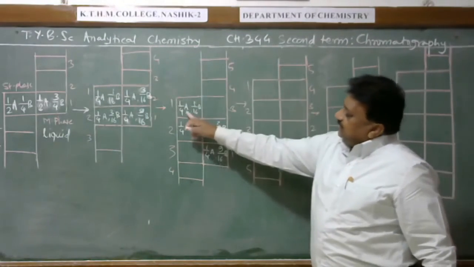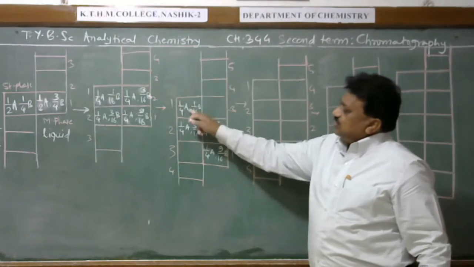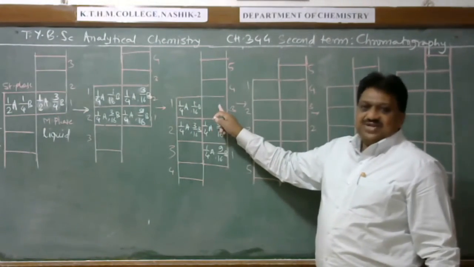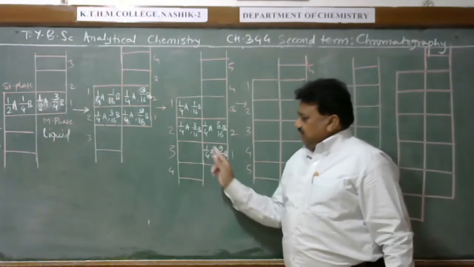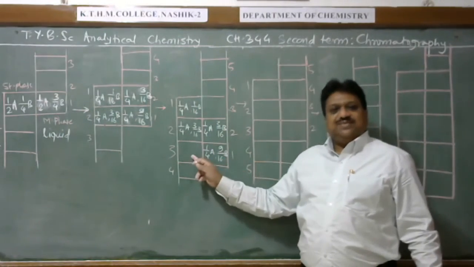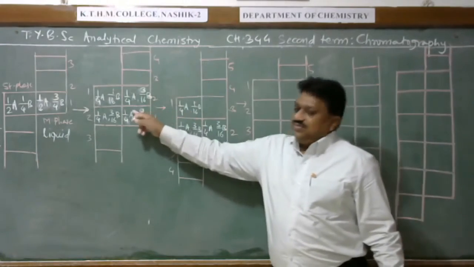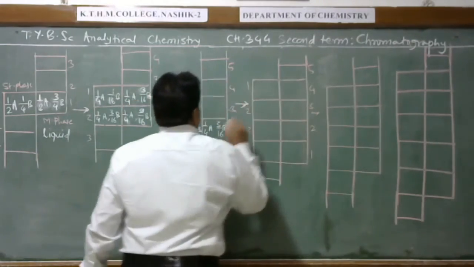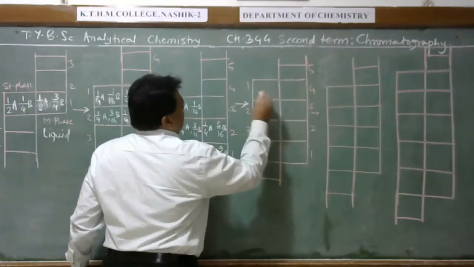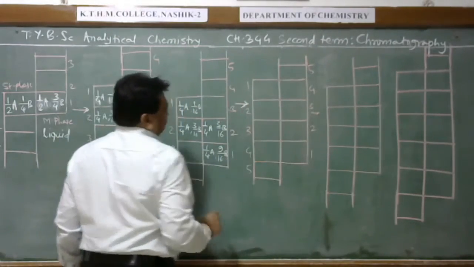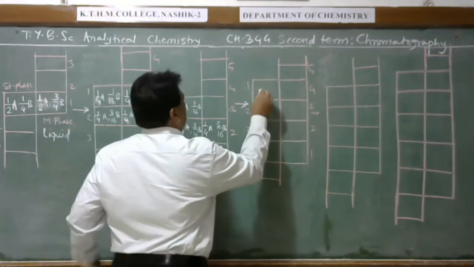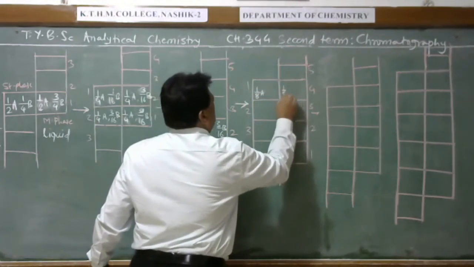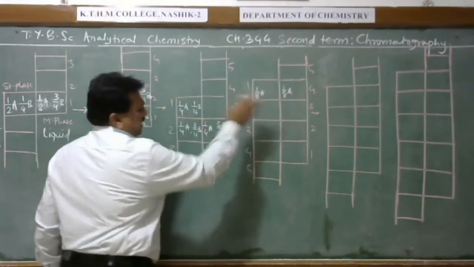Now again here is a distribution of A and B with two solvents. Here there is fresh stationary phase. Again there is distribution of A and B with this fresh solvent, similar to what we discussed earlier. That means again 1/2 A, that means 1/8 A is given here, 1/8 A will be given here.